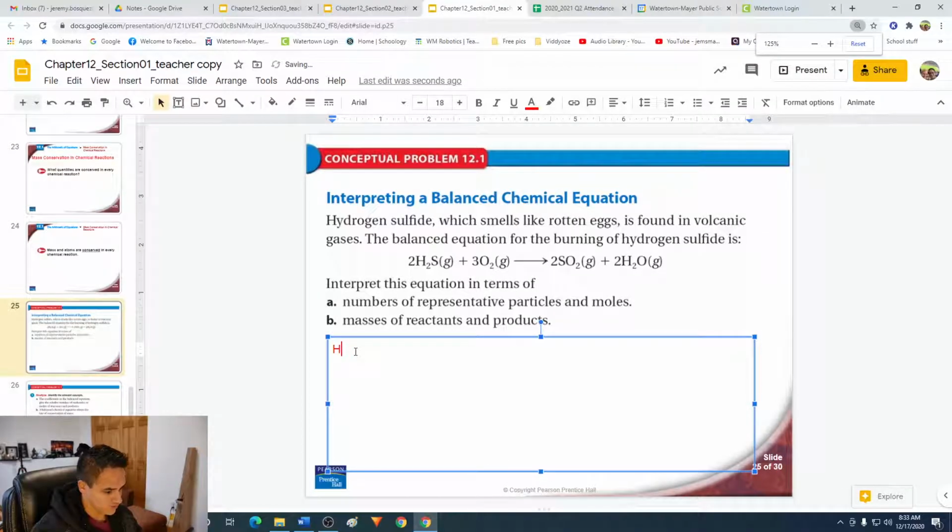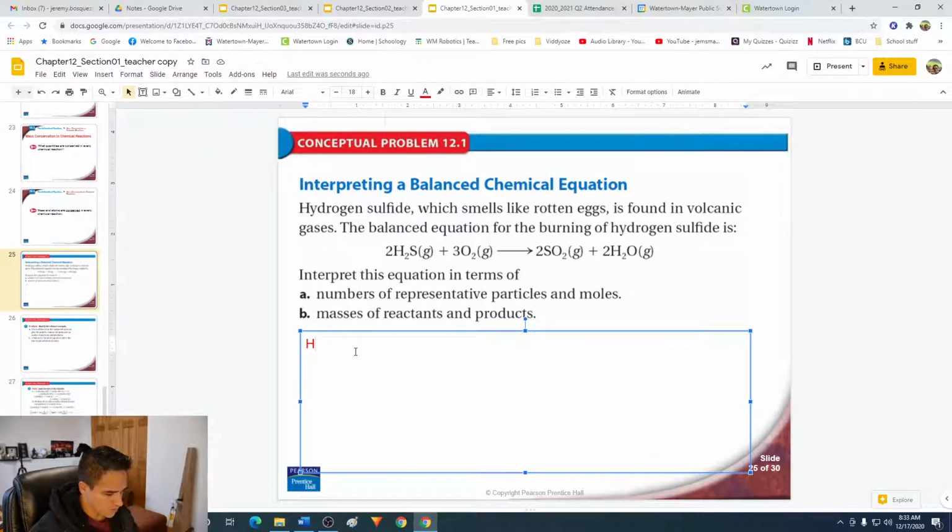So 2H2S plus 3O2 goes to 2SO2 plus 2H2O. And I'm leaving out the g's for gases just because that's just a physical state. It doesn't really have any effect on our reaction.